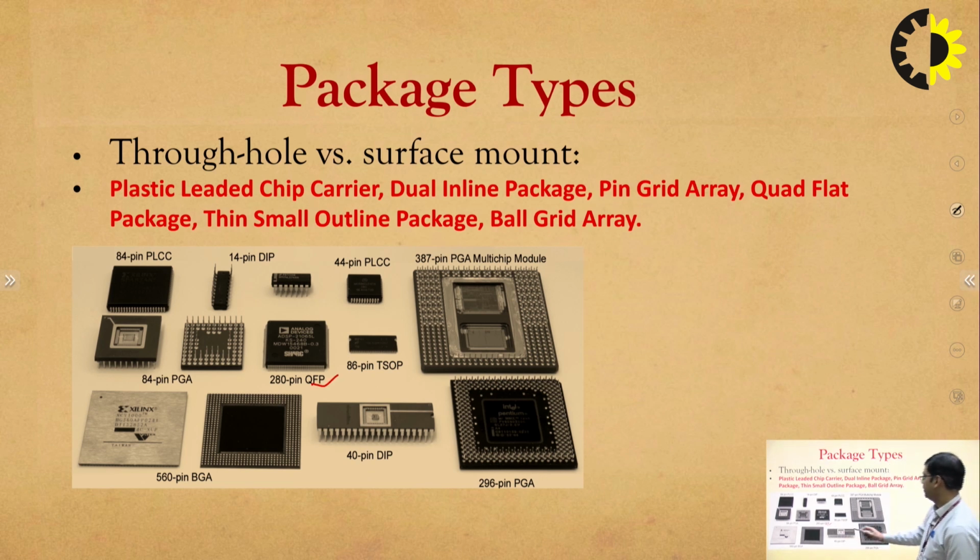Similarly, we have this thin small outline package, this is our ball grid array package, and this is our pin grid array. So, these are some of the very popular package types that are used in the VLSI industry nowadays.